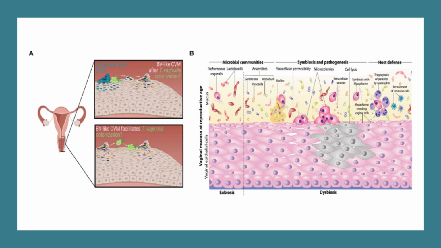On the bottom picture you can see that the diverse and largely anaerobic bacterial population that is part of the microbiome can help facilitate T. vaginalis colonization. So it is getting rid of some of the lactobacillus species in the microbiome, which makes it easier for T. vaginalis to attach to the host cells.